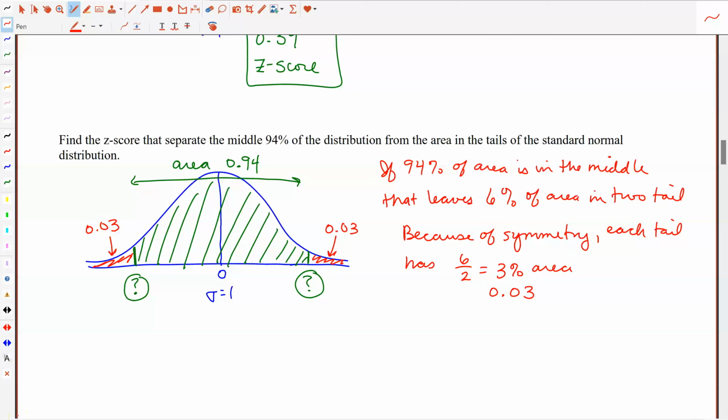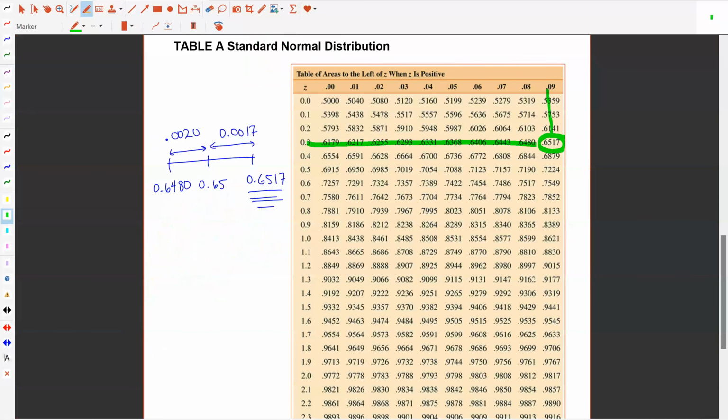Let's start over here to the left because my table already gives me area to the left, so that one's going to be a little bit easier. For this left z-score, the area to the left of it is just that 0.03 that we've marked. We would expect it to be a negative z-score because it's to the left of 0. So let's go to table A and find it.